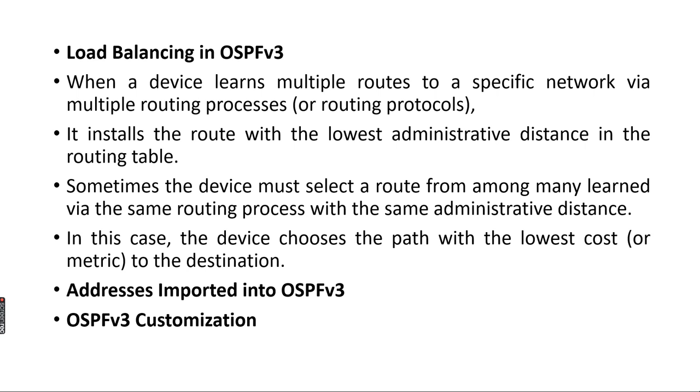So OSPF v3 has a process for load balancing. It finds a path to a destination through more than one interface, and each has the same cost. Then it installs every path in the routing table and chooses based on how it learned that particular path.